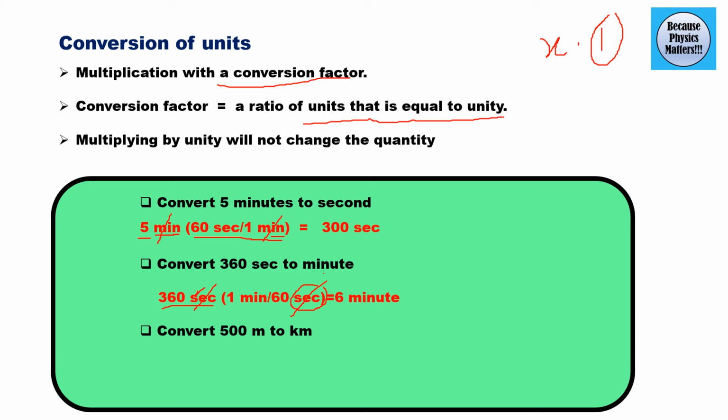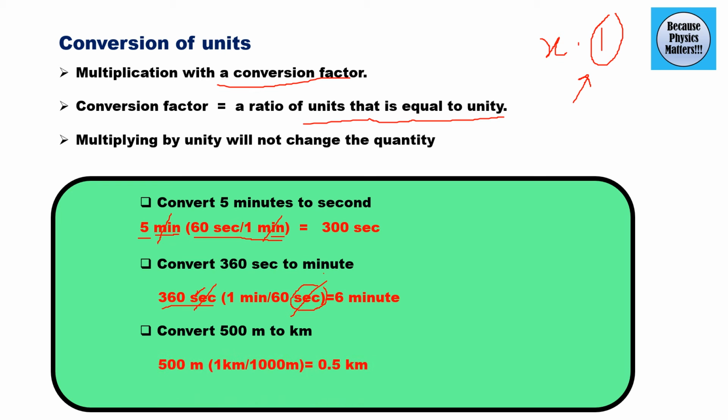You are taking a conversion factor which is actually 1, but inside this 1 you are writing the units in such a way that your original unit which you want to convert will be cancelled out with the denominator unit, so these two must be the same, and in the numerator you should have the unit in which you want to convert.